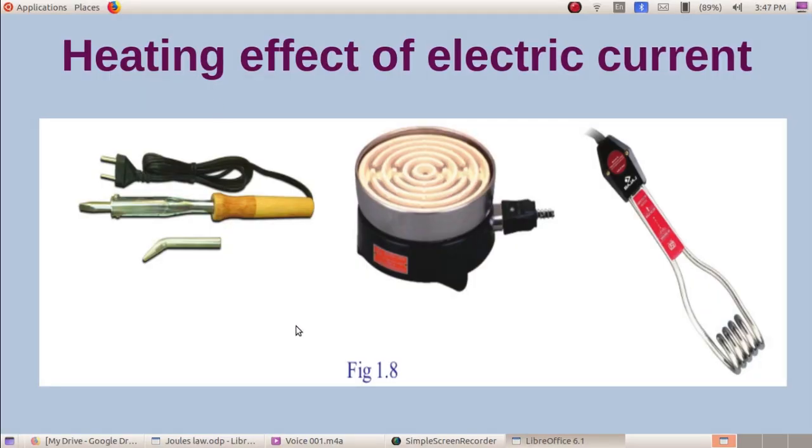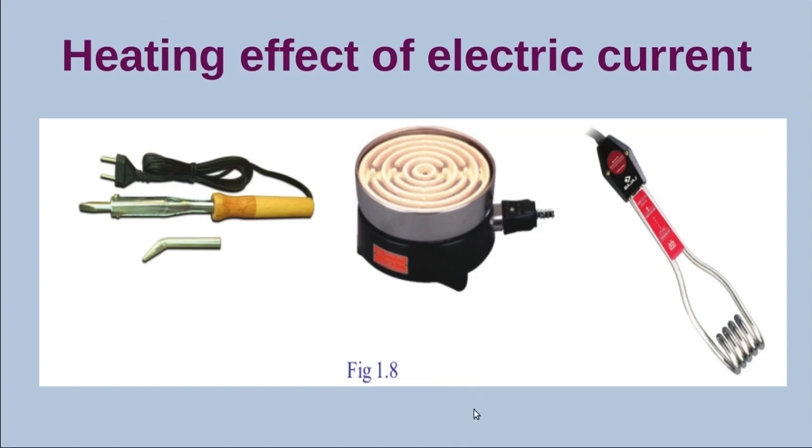Today, we discuss the heating effect of electric current. In the screen, we observe three heating devices. The first one is soldering iron, the second one is electric heater, and the third one is the water heater or immersion heater. What is the similarity relating the working of these three equipments?